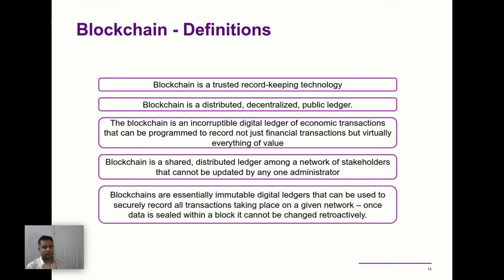What we finally understand is that they are immutable digital ledgers that can be securely used to record transactions taking place in a given network, in our case a bank. Once the data is sealed within a block, which is what we just saw, it cannot be changed retroactively. No one can change historical data on the blockchain.